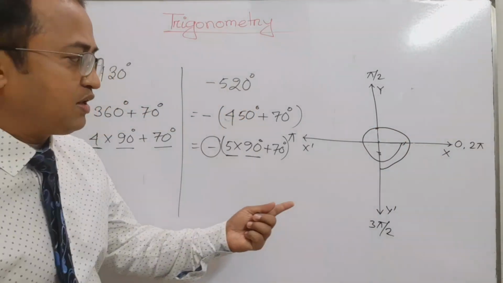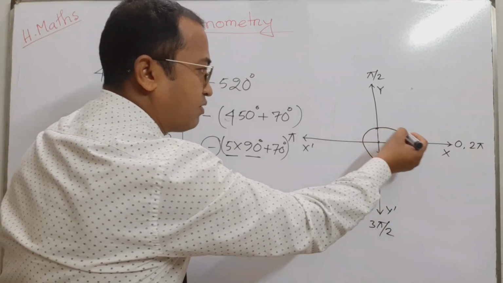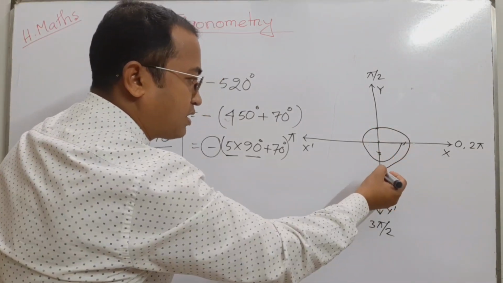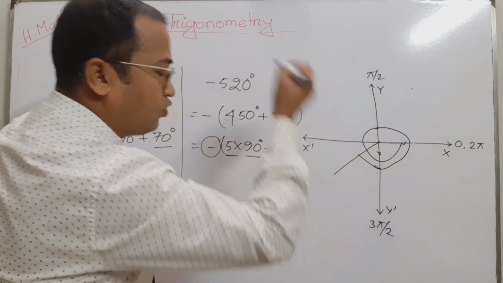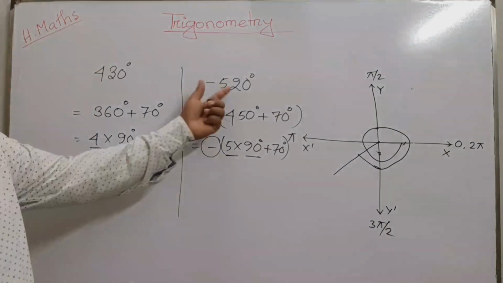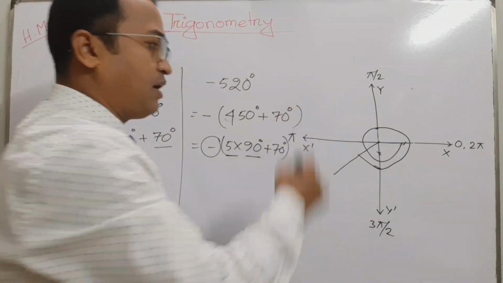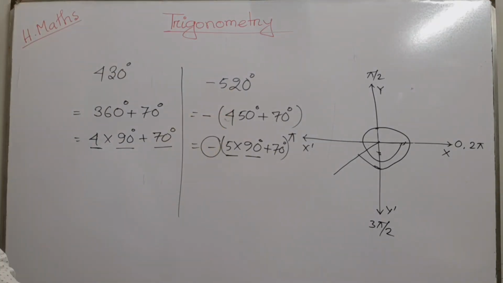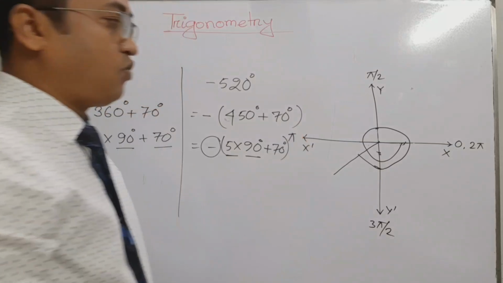Okay, we have completed the 5th quadrant. After that, if you go ahead 70 degrees more, we will get the location of minus 520 degrees. This is in the 3rd quadrant. So minus 520 degrees is located in the 3rd quadrant.